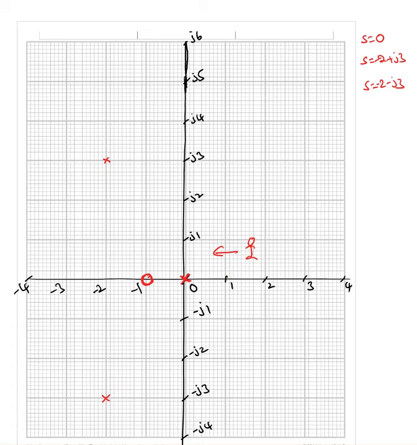Remember one important thing, root loci start at the pole and end at the 0. Starting from here, I see 1 is an odd number, so definitely there is a loci going away from the pole, and once we reach here there won't be any loci because I have an even number.